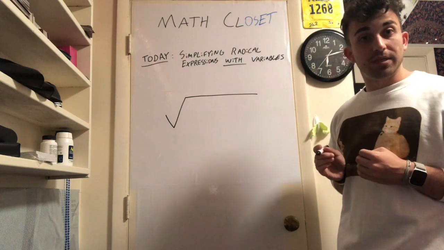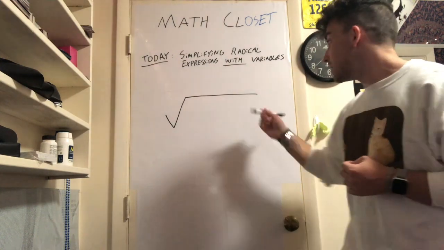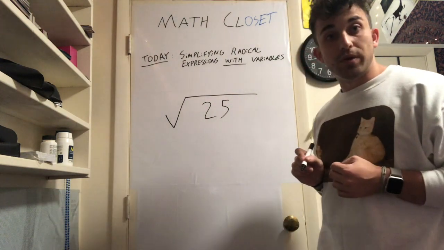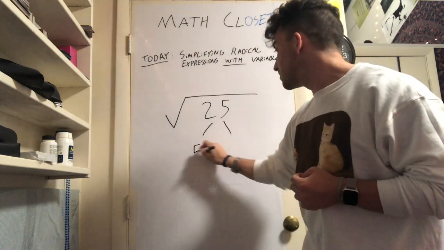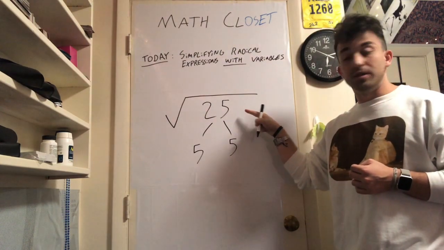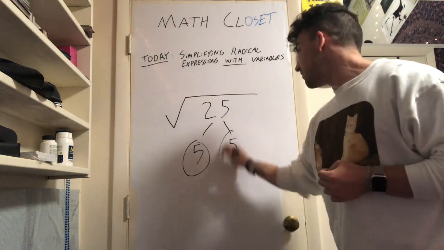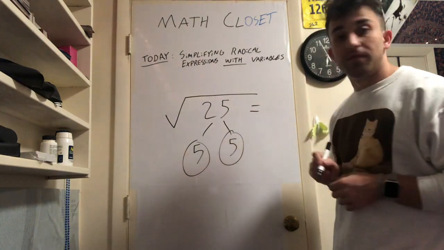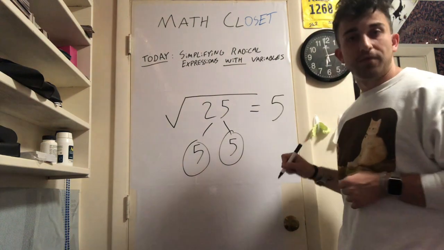A simple example, something that should be familiar to you: radical 25. Well, we know 25 is the same as 5 times 5. I've broken down this 25 into its prime factors, 5 and 5, and once you have a pair, they can come out. So radical 25 is the same as 5.